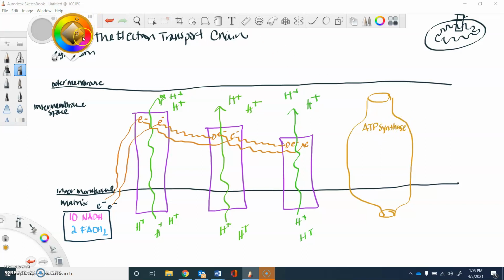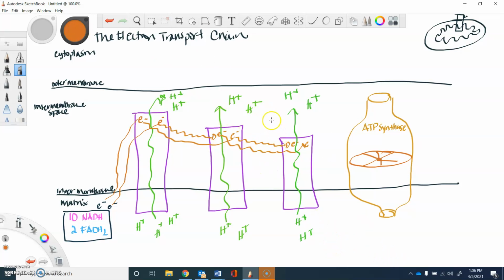And in it is this crazy, weird little machine thing. The hydrogens are only pumped one way into the intermembrane space, so we now have a gradient for hydrogen to go back into the matrix.